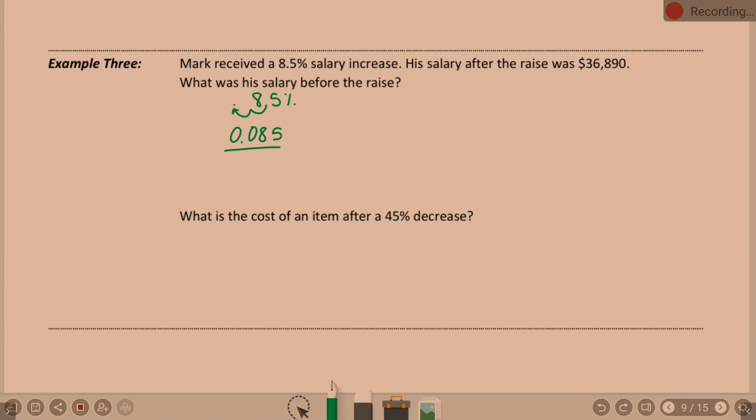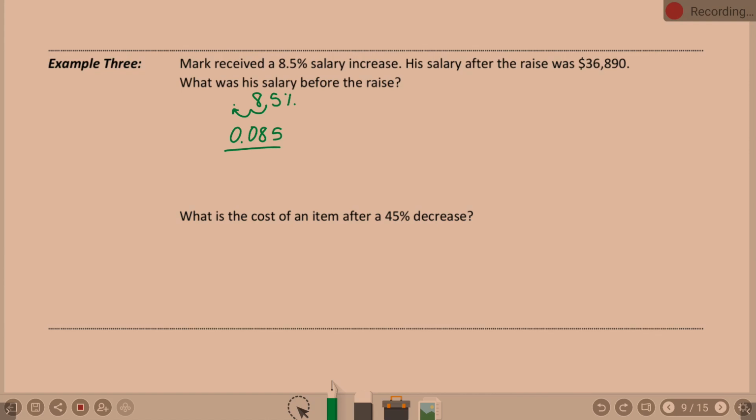You multiplied the salary after you got the raise by 0.085, and then you take that number and subtract it from his salary after the raise. No. Here's the problem with that. I'm hearing some of the right steps, but we're not using the right pieces at the right time. His salary after the raise is $36,890. 8.5% of that is not what his raise was.